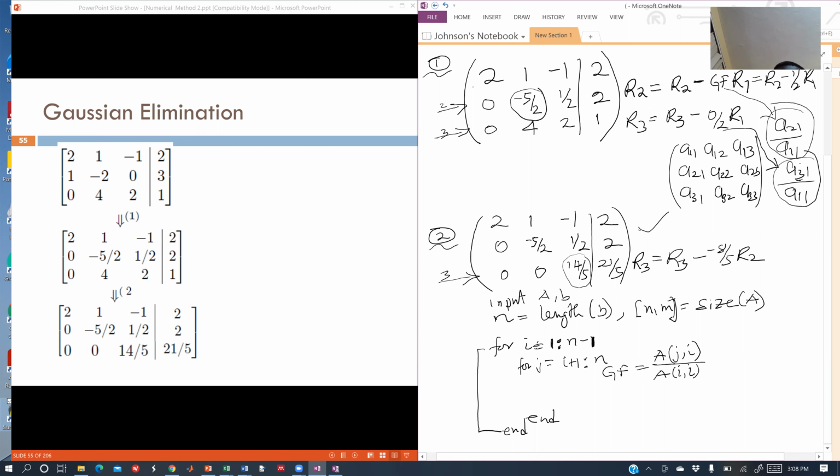And so we can say that the general formula for finding the Gaussian factor is A row iteration divided by A iteration iteration. And that is our Gaussian factor.